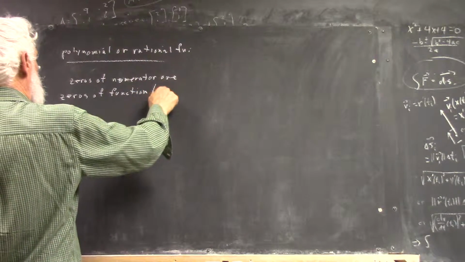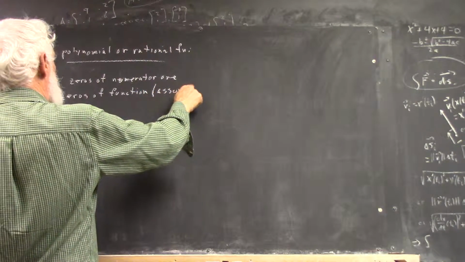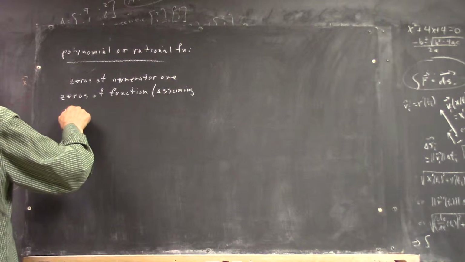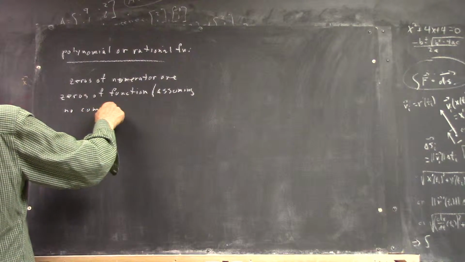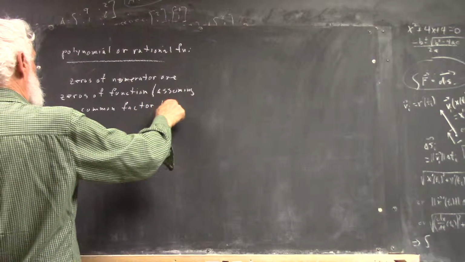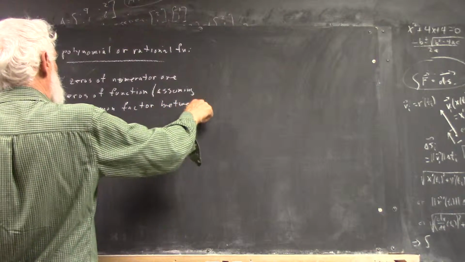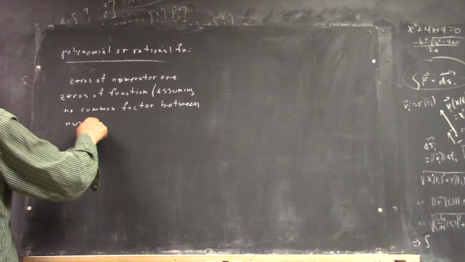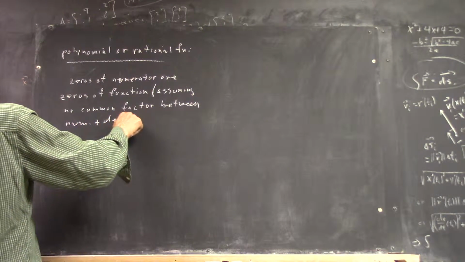Zero of the numerator is zero of the function, assuming no common factors between the numerator and the denominator.